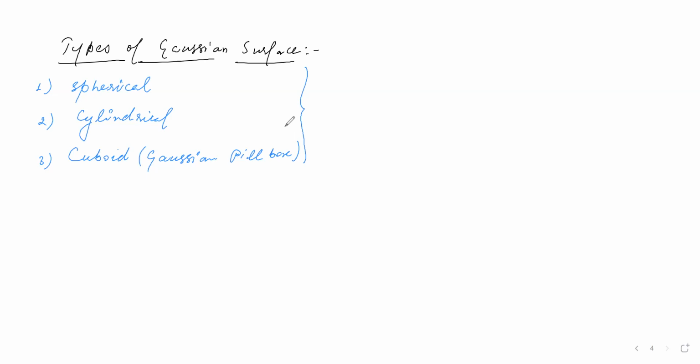There is no condition or rule in Gauss law about what your Gaussian surface should be. You can choose any type of Gaussian surface according to your own convenience. But generally we take the Gaussian surface according to the symmetry, because then the solution of the question becomes very easy.